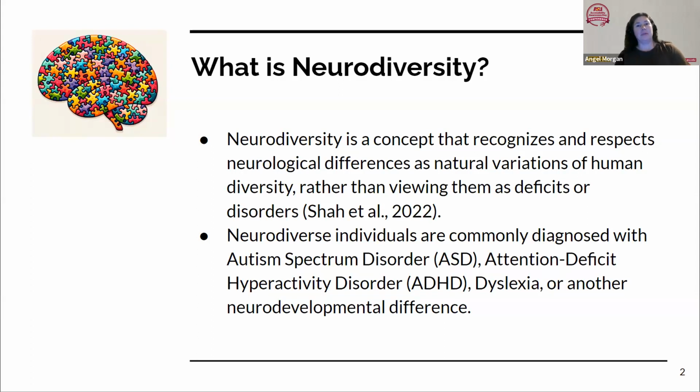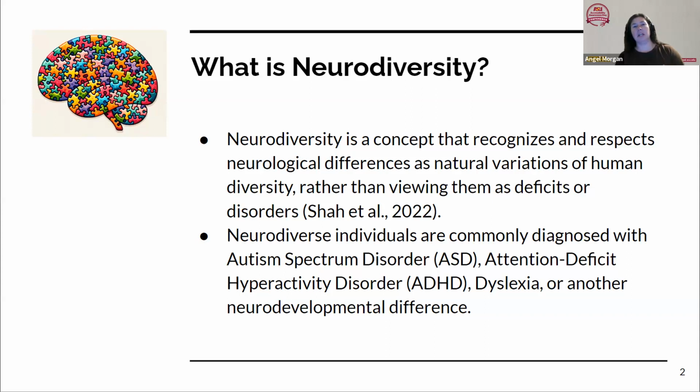Okay, so we went over neurodiversity in the last session, but essentially we're talking about individuals who are commonly diagnosed with ADHD, autism, dyslexia, or other neurodevelopmental differences. I do want to say that neurodiversity is a concept that recognizes and respects neurological differences. Neurodiversity in and of itself does not necessarily say someone has a disability.